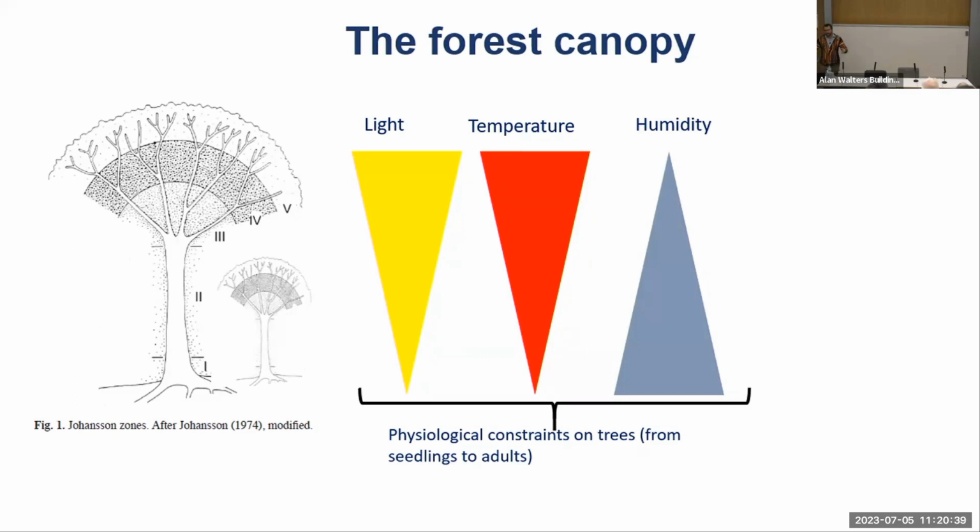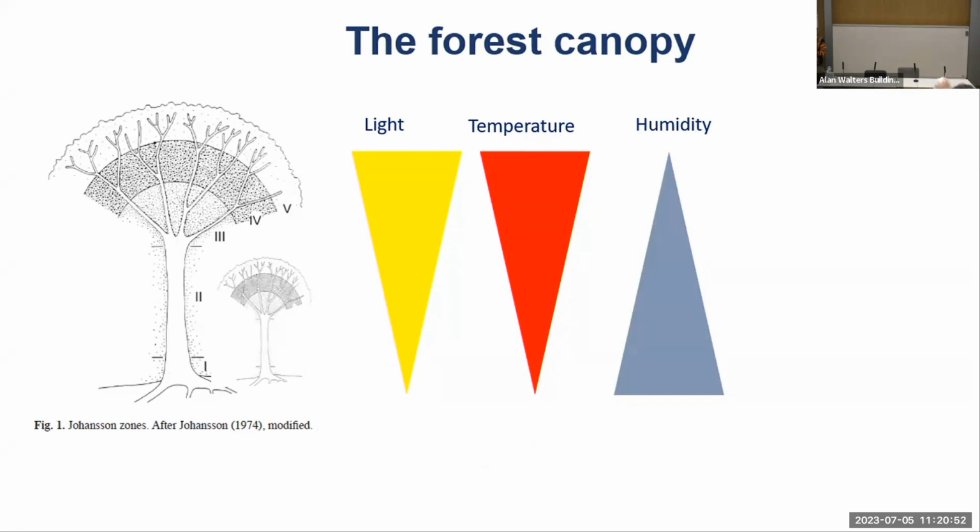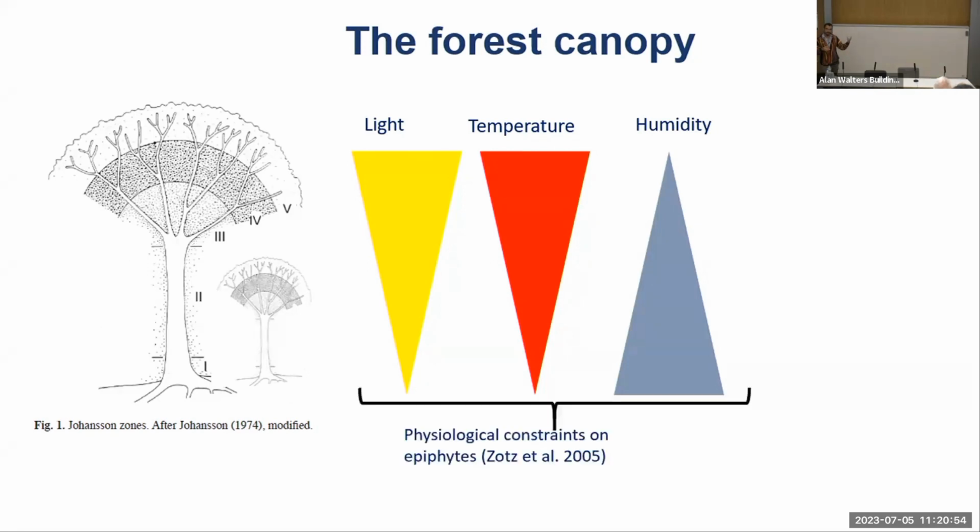However, the trees are mostly attached to the ground, so they are able to access everything, nutrients from the soil and water as well. However, people don't realize that epiphytes, which are the plants attached to a substrate, the host tree, don't have access to the ground. So they normally live in this very heterogeneous environment.